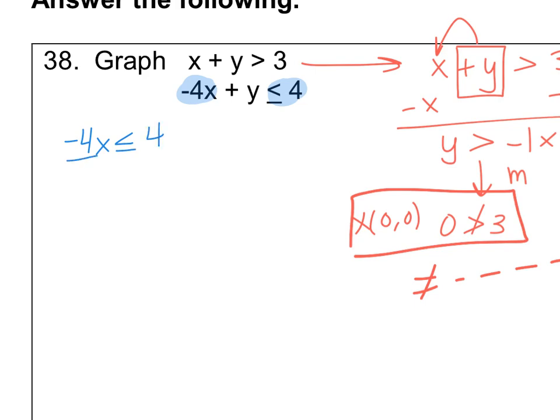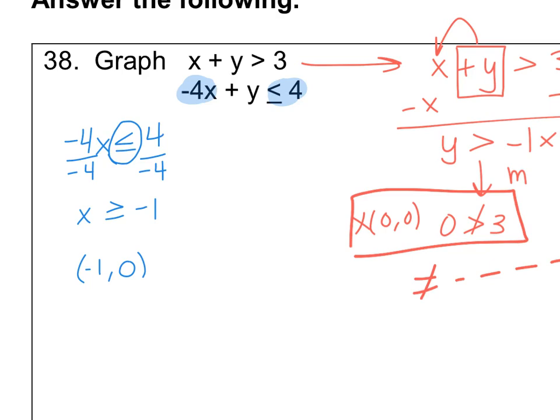I would divide both sides by negative 4 to get x by itself. But since I'm dividing by a negative, I am going to flip that sign. So it'll be x is greater than or equal to negative 1. So that means I'm going to have the point negative 1, 0 to plot on my graph.